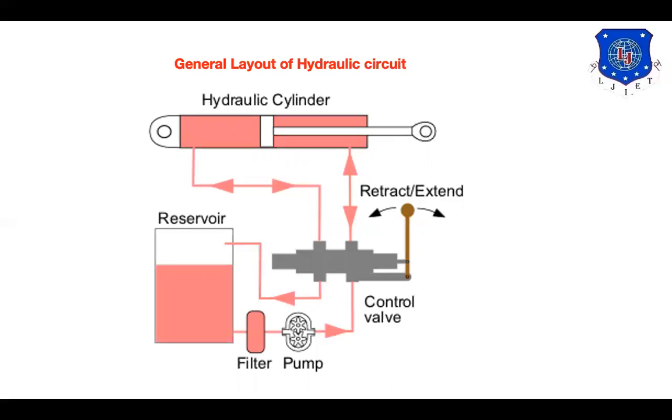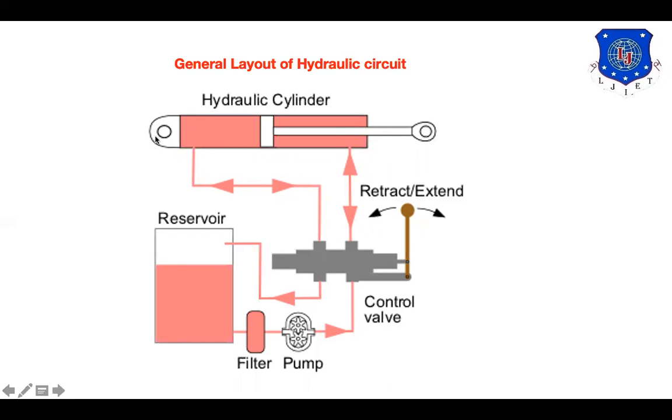So what should be the alignment of all the different components that we are going to discuss right now? First of all, we require a hydraulic cylinder. This is a double acting hydraulic cylinder. It is called double acting because it can act in two different conditions as per the motion of the working fluid.